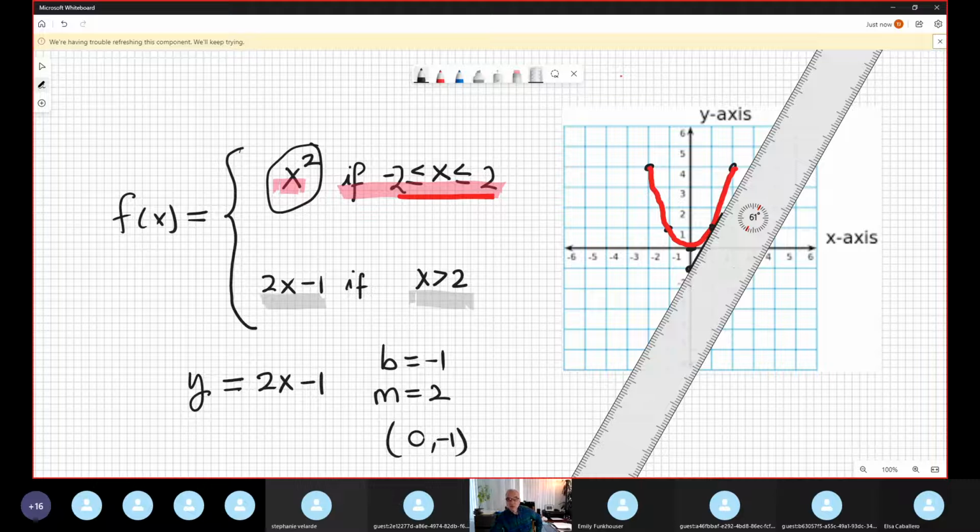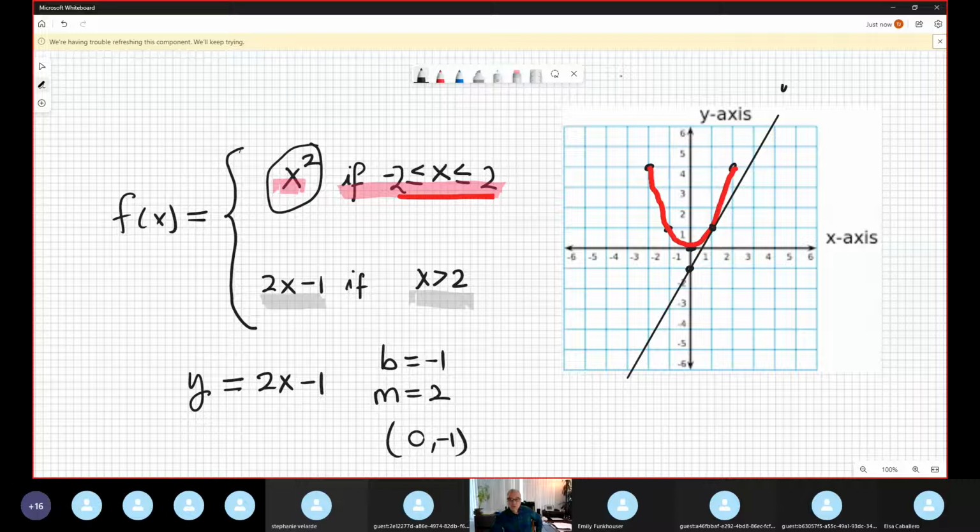This is the line. I did the graph of the expression y equals 2x minus 1 in black color. However, in red color, I did the graph of the expression y equals x squared.